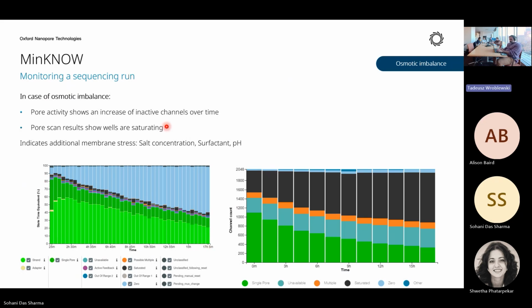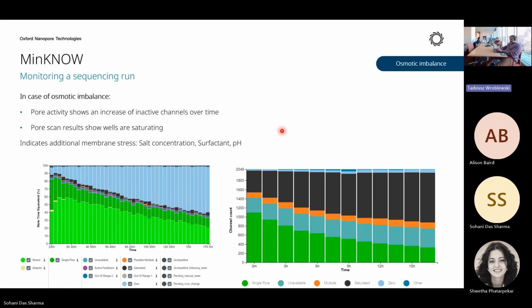So this is another one where within 17 hours or so, you can see there is a huge amount of the blue part, which is the inactive or zero pores. It can happen because of the increase in membrane stress due to salt concentration, some kind of pH imbalance, or presence of surfactant.